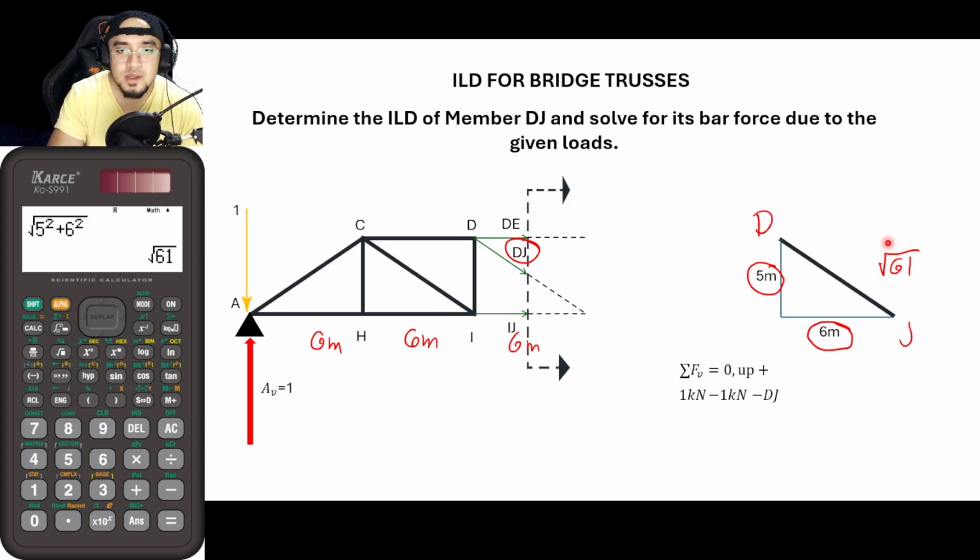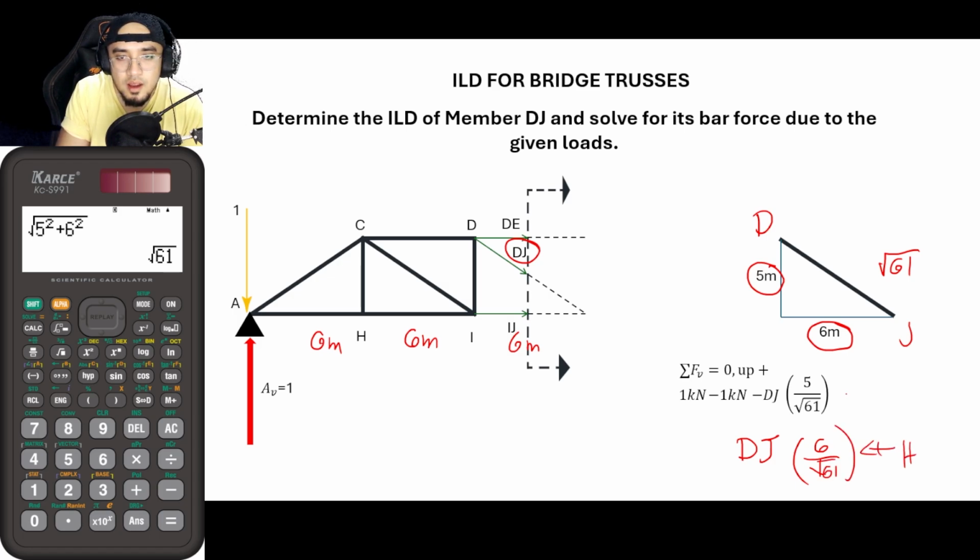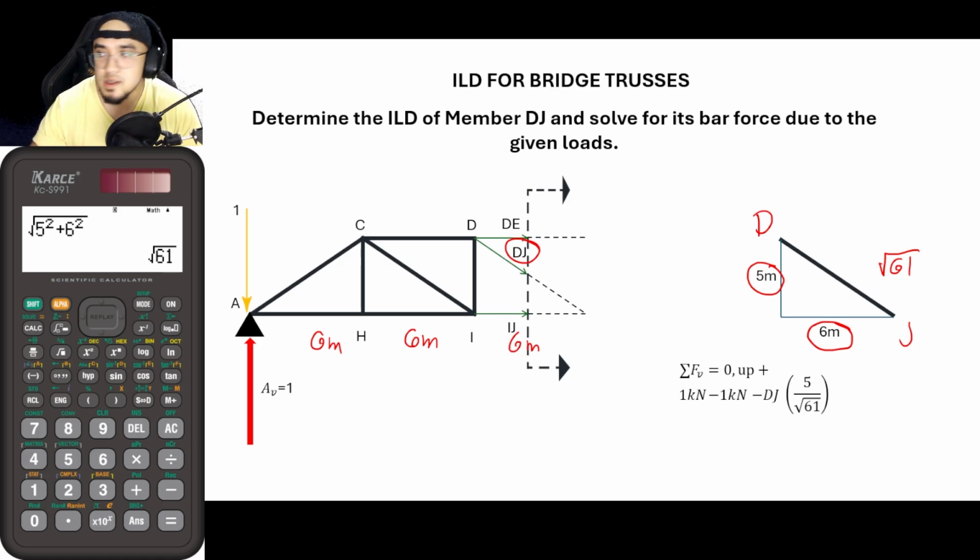Basically, DJ times 5 over square root of 61. As a note, if you want to get the horizontal component, that is DJ times 6 over square root of 61. Again, this is the horizontal and this is the vertical. Okay? So let me just erase those. So this is now equal to 0.